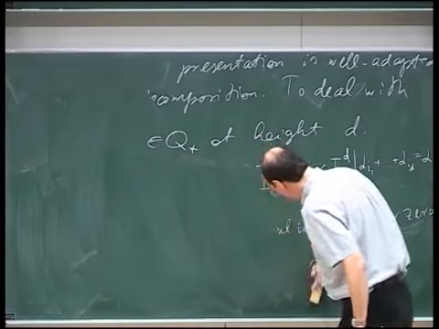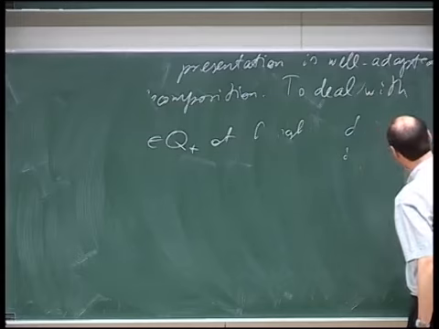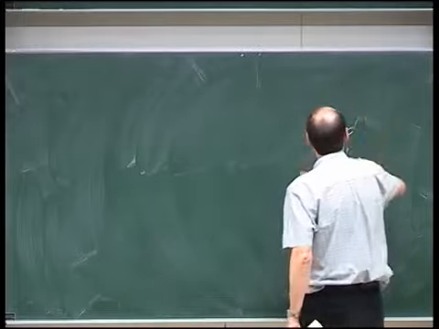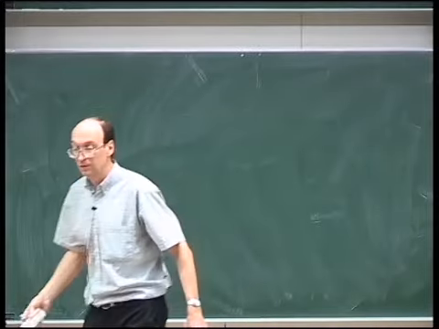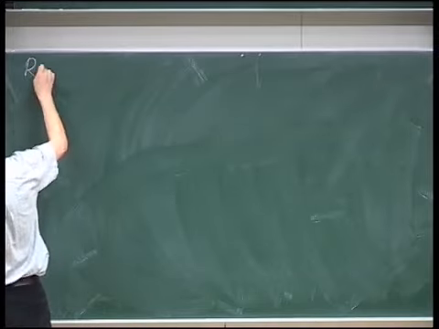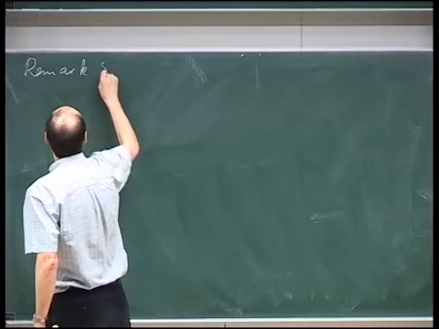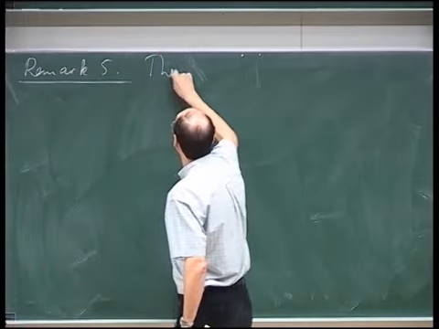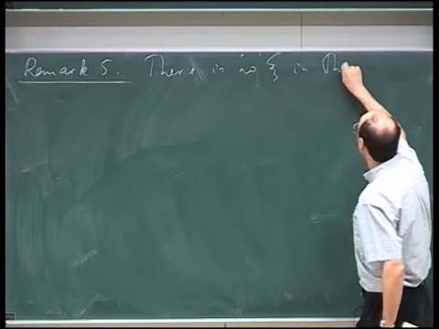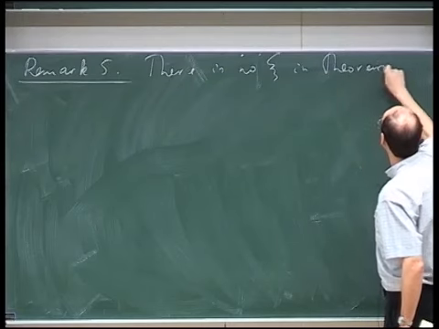The most amazing feature of this presentation for me is that it doesn't have xi in it. And in fact, at first it looks like there's a mistake somewhere. So let's remember that: there is no xi in the theorem above.